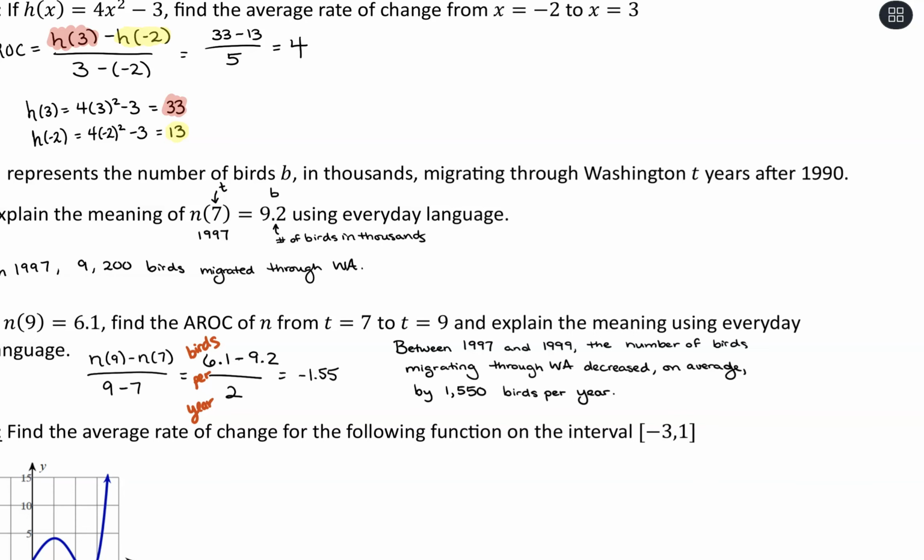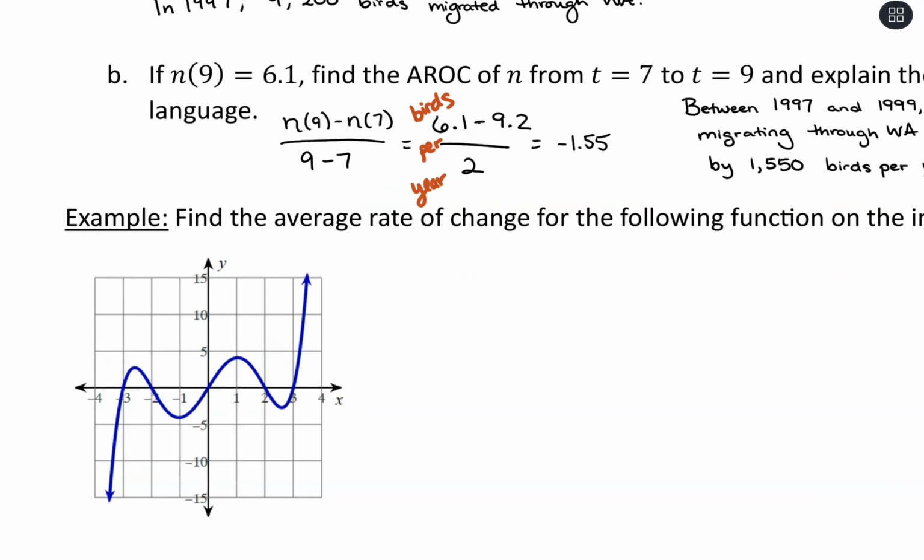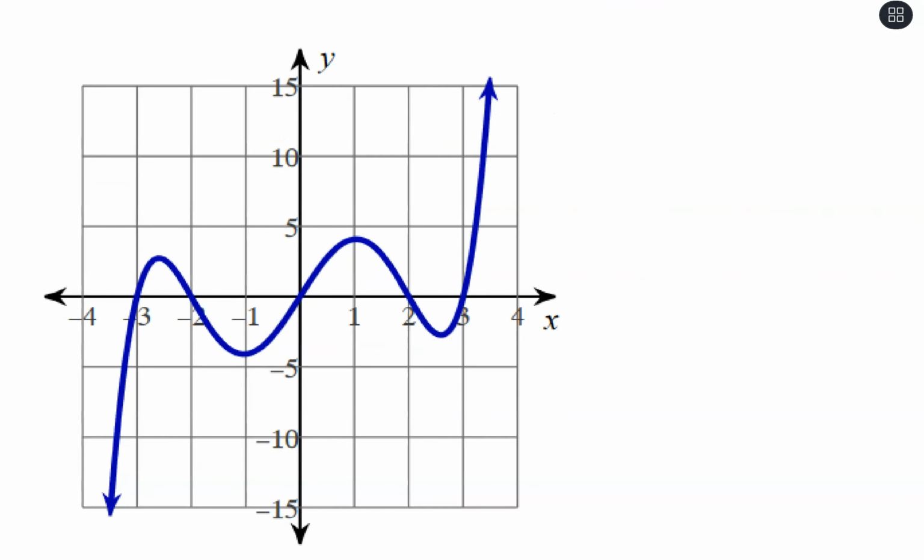Okay, last scenario here is to see what we are doing in terms of a graph. So here we have a nice polynomial graph going all over the place, and we're going to look at the interval from -3 to +1. So at x equals -3, our function is right here, and at x equals +1, we're right here.